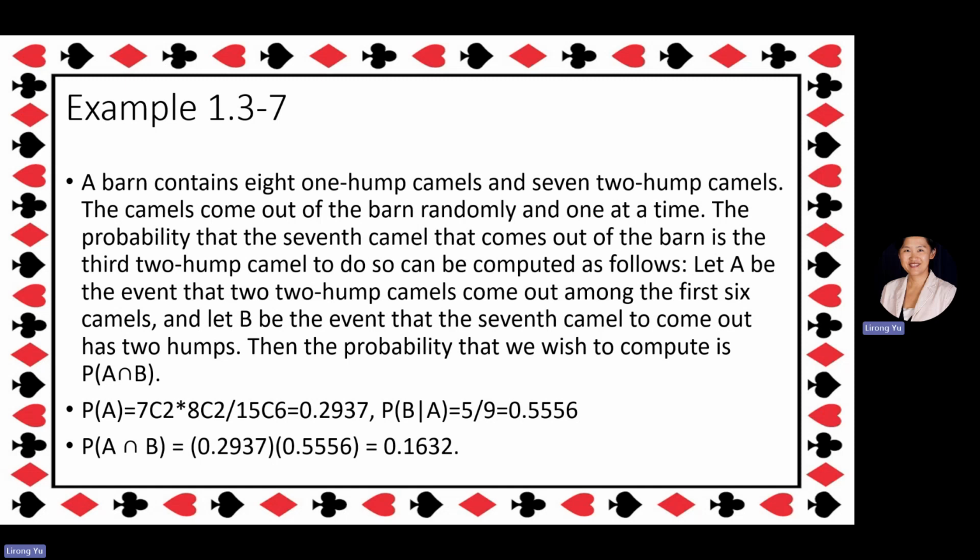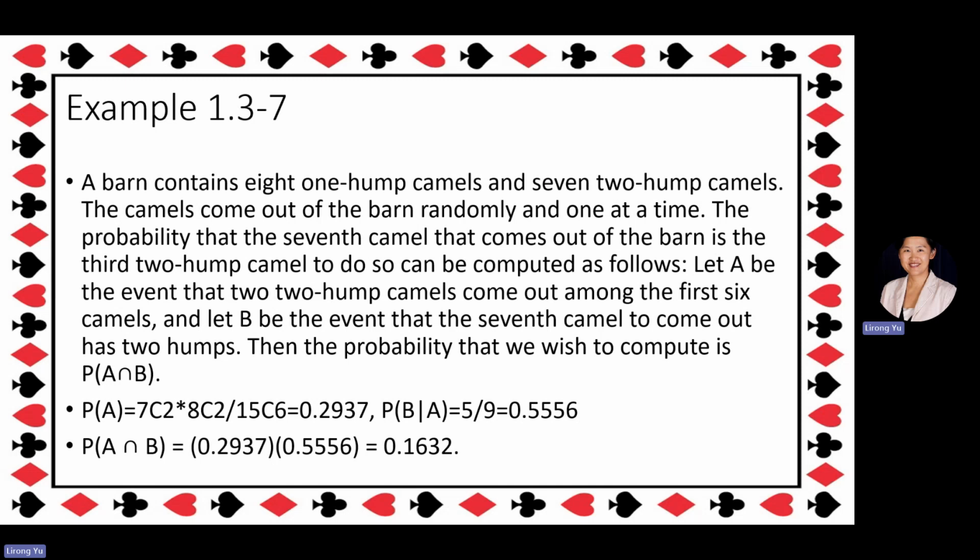The numerator is going to be 5. Of the 5 camels left in the barn, one of them has to be the 7th one. So B given A is the one that's slightly easier to calculate. You can just find the number of outcomes for B, assuming that A already happened.